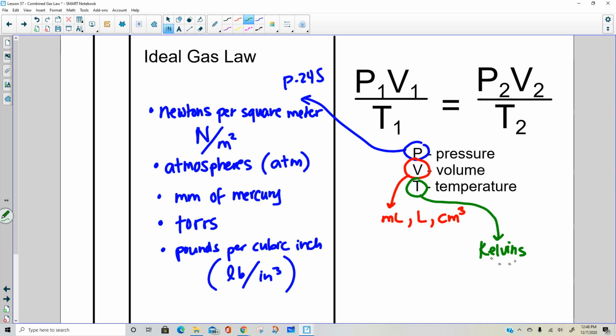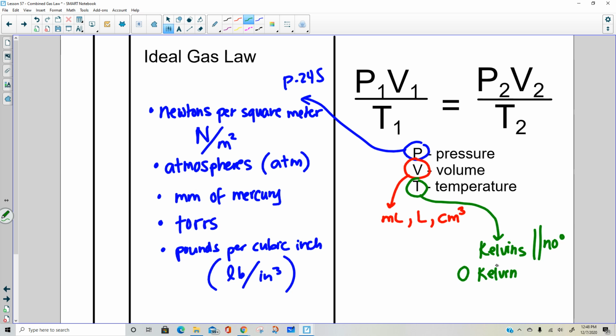Okay, now kelvins, when we talk about temperature in kelvins, we do not use the degree symbol. Okay, so no degree symbol. That's reserved for degrees Fahrenheit, degrees Celsius. So if we have a temperature in kelvins, let's say, for example, 0, we would just say 0 Kelvin.